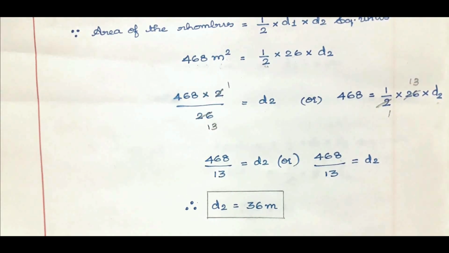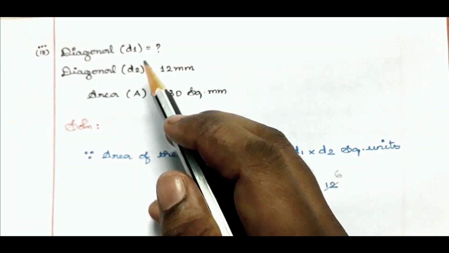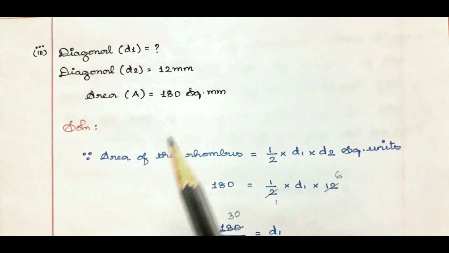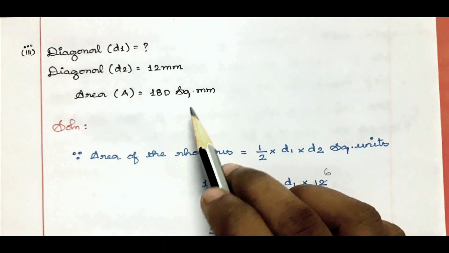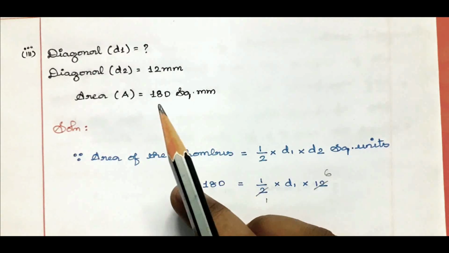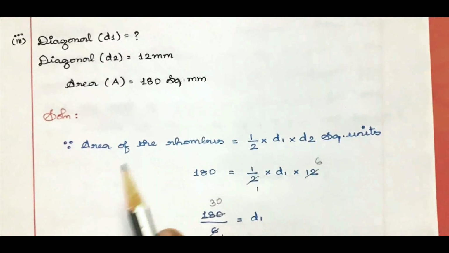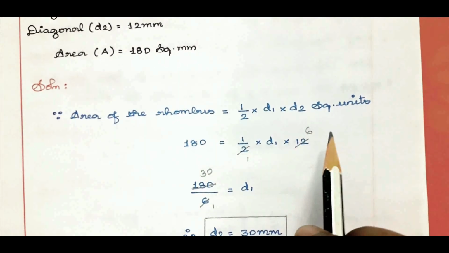Clear? Yes. Now the third subdivision of the third question: diagonal d1 is equal to unknown, d2 is equal to 12 millimeter, area A is equal to 180 square millimeter. Solution: since in the question they have asked about the diagonal and they have given the other diagonal, we are going to take the formula area of the rhombus is equal to half into d1 into d2 square units.